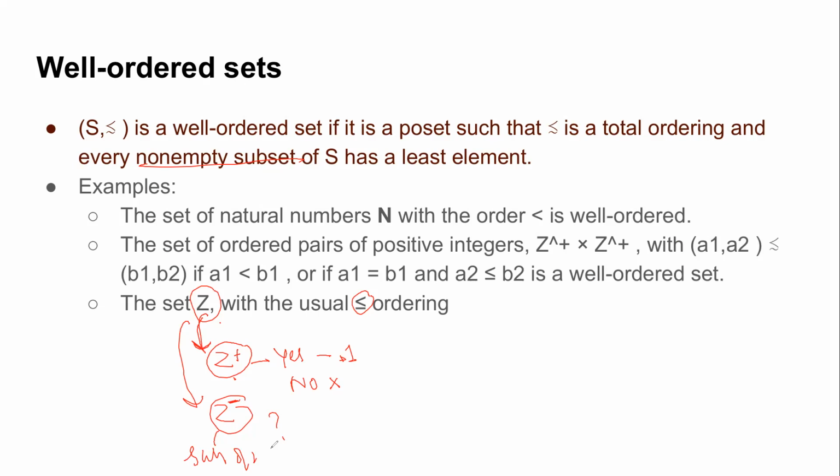Does it have a least element first? If it has, what is it? If it does not have, then let me know. What is the least element of Z negative under this ordering?